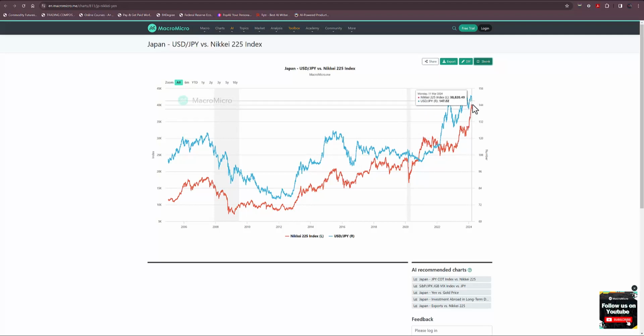Right now we're seeing market making a turn to the downside after trading to some extreme highs on the UJ and both the Nikkei index. So basically you should know that these two are positively correlated, meaning when the Nikkei index goes down, USD JPY also goes to the downside.